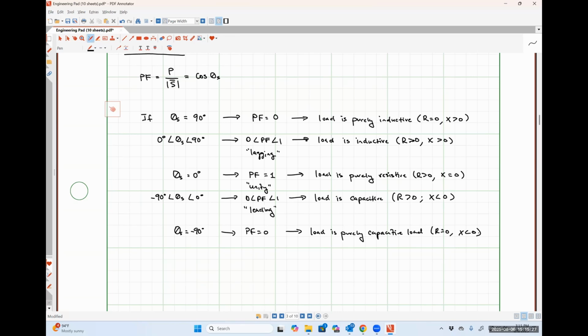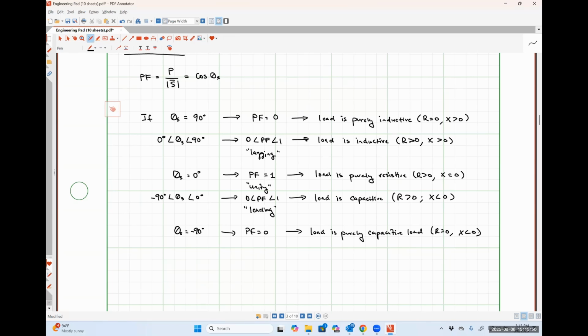Whenever our angle is exactly plus or minus 90 degrees, we have a power factor of 0. We don't consider those to be leading or lagging. And whenever we have an angle of 0 degrees, we have a power factor of 1 or a unity power factor, and that is also neither leading or lagging.